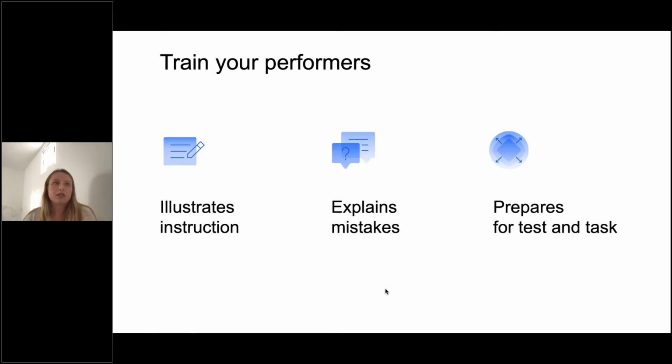And another important aspect regarding performers is you should not only filter them, but you should actually train them. So the idea is that you should always write really good instructions which illustrate the examples well, but you could also prepare some training tasks for your performers where you allow them to make mistakes, but you provide some corrections so they actually learn how to do your task well.